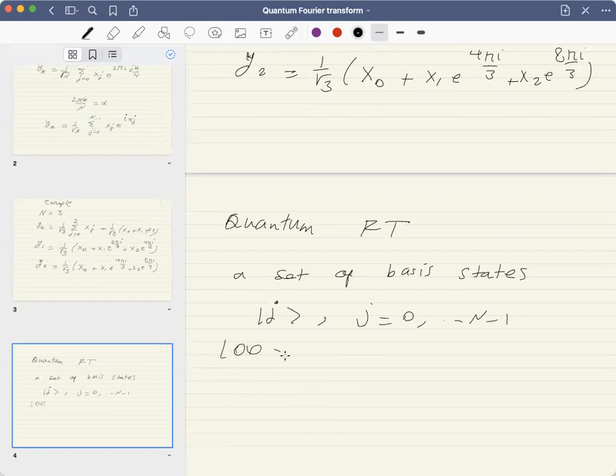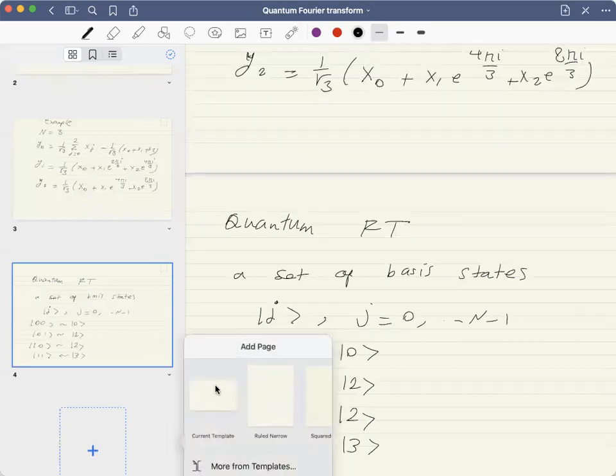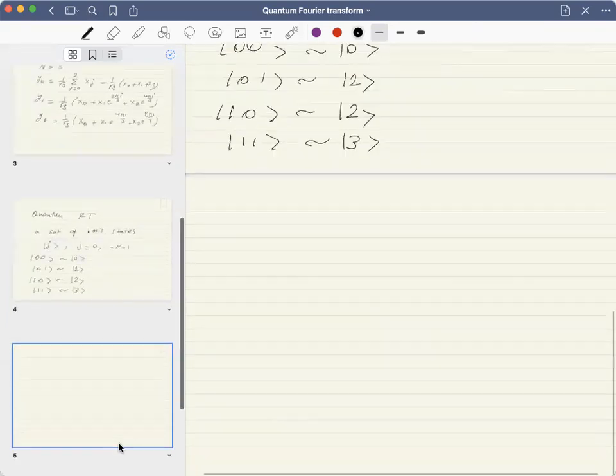So it's going to be 0, 0, maybe we call that just state 0. Then it's 0, 1, let's call that state 1. There's 1, 0, we can call that state 2, and there's 1, 1 that we call state 3. So we have a bunch of states. You can think about them as states in the computational basis, or in general, we have a bunch of basis states. And then consider a unitary transformation that does this.